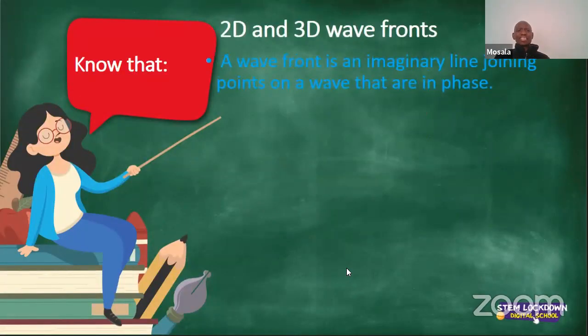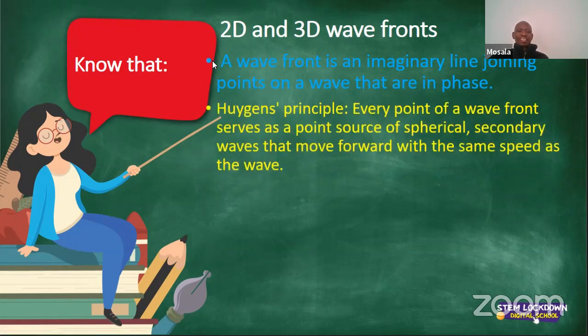All right, let's look at 2D and 3D wavefronts. So what is a wavefront? A wavefront is an imaginary line joining points on a wave that are in phase. Then we have Huygens' principle.